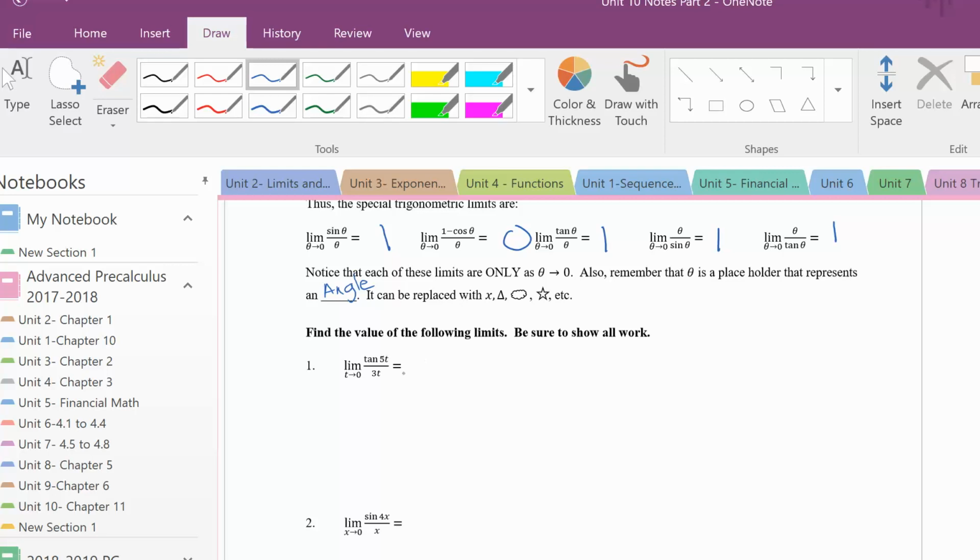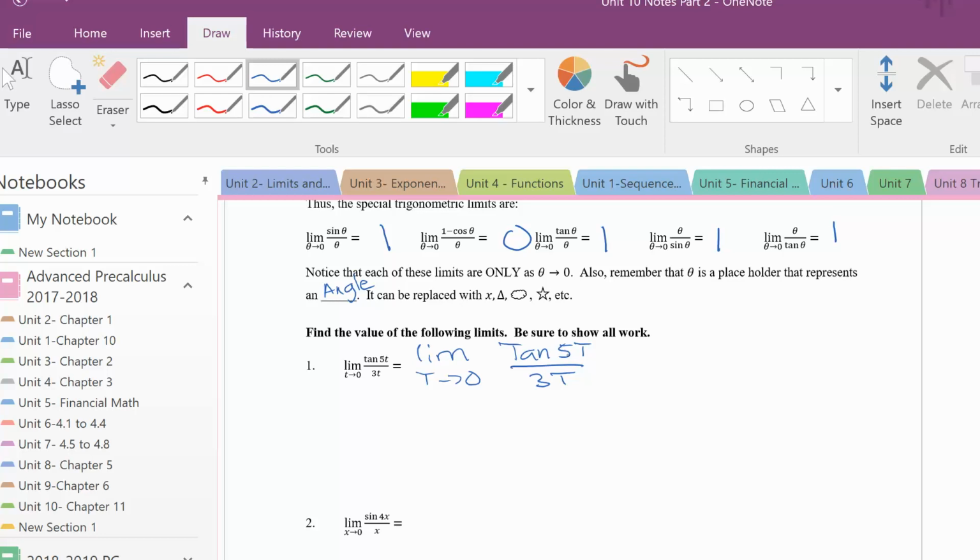Like, for example, here, the limit as t approaches 0 of tangent 5t over 3t. Well, remember, we're going to want to use the fact that the limit of tangent theta over theta is equal to 1. So we're going to say the limit as t approaches 0 of tangent 5t over 3t.